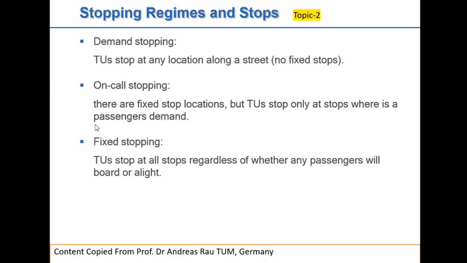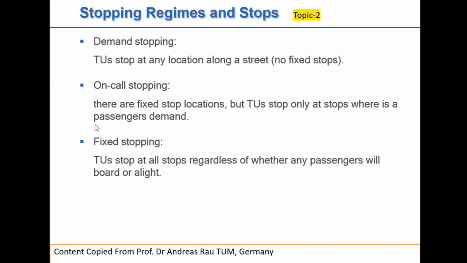You need to understand that in any particular transit, we have different regimes of stopping. The first is called demand stop, the second is on-call stopping, and the third is fixed stopping. We will start with fixed stopping.